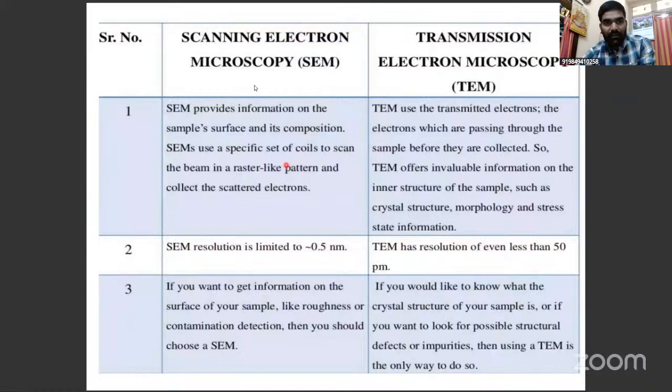But in the scanning electron microscope, the electrons will be scattered, and through those scattered electrons we study the sample surface and composition.